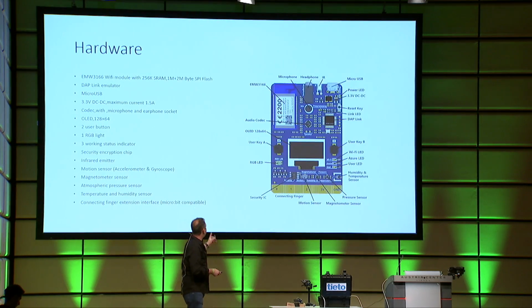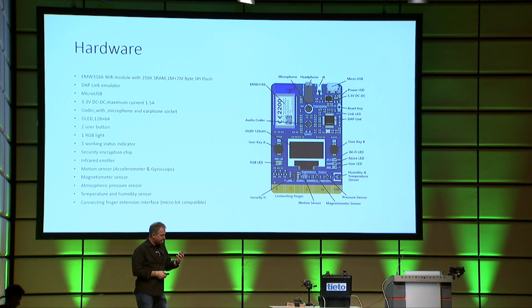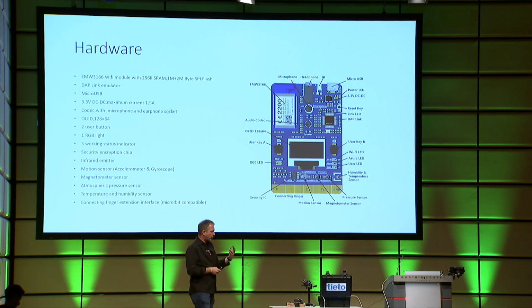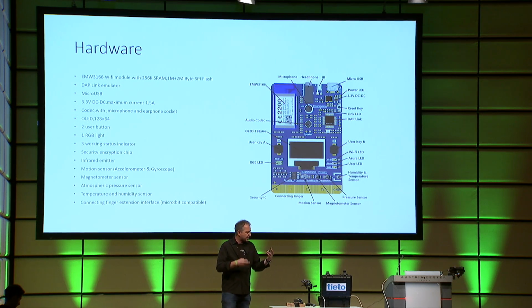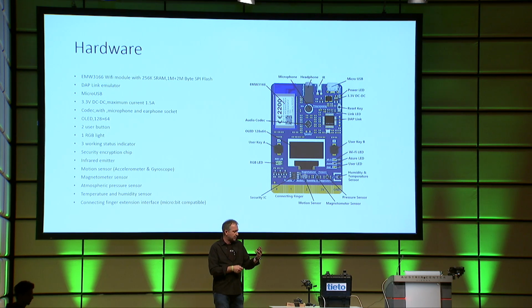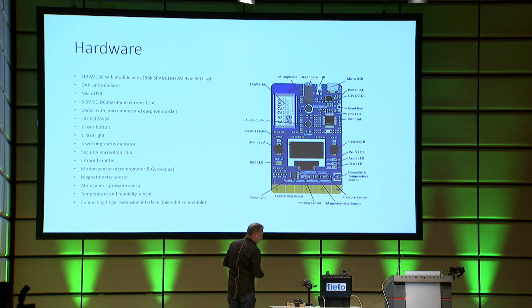It's an Arduino-compatible board, but it comes with a few sensors already built in on the board. For example, there is an accelerometer, humidity, temperature, a couple of buttons, pressure, even a microphone, and even a display sits on top of this device.